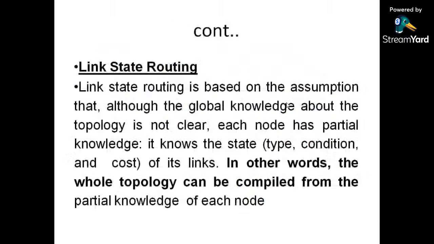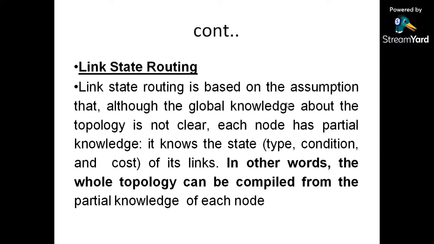7, 6, 7, 8. So link state routing is based on an assumption, that the global knowledge about the topology is not clear.